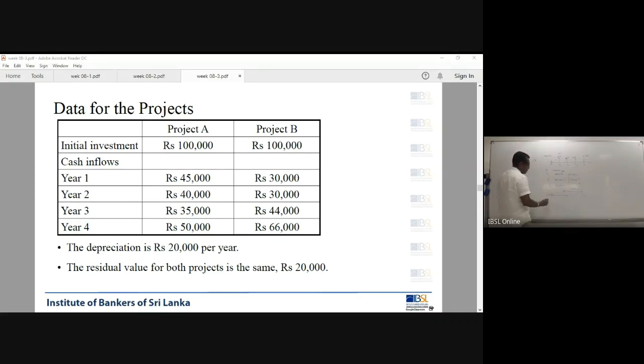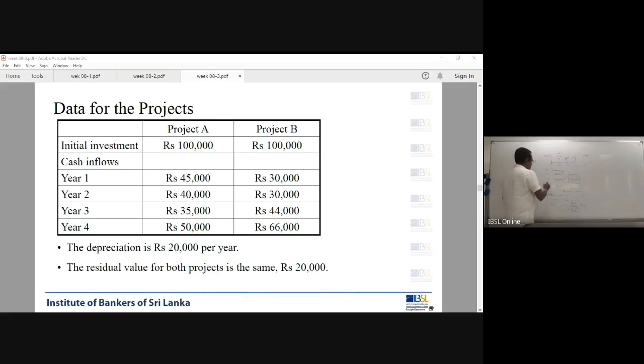So to generate 1 rupee, 1 divided by 35,000. You need 15,000, so it is 15,000 divided by 35,000. It is 0.43 or something.